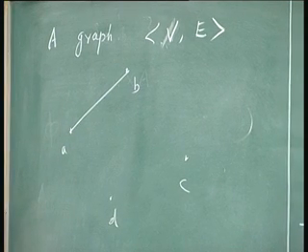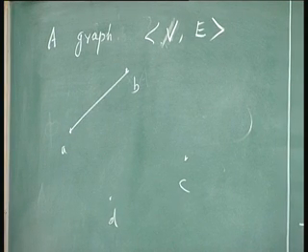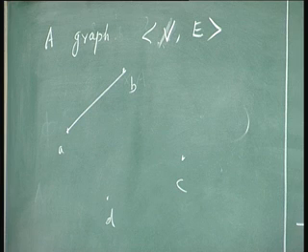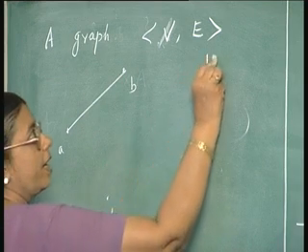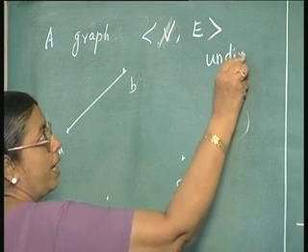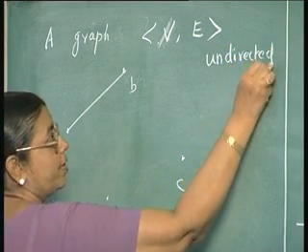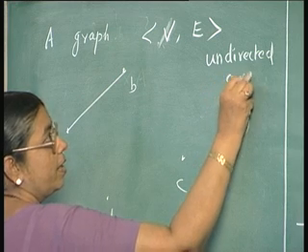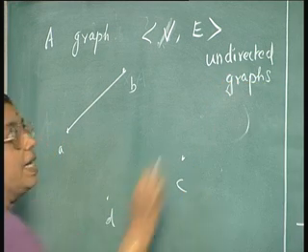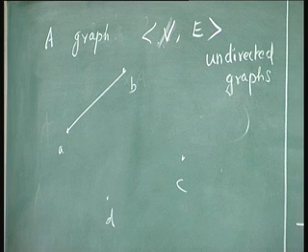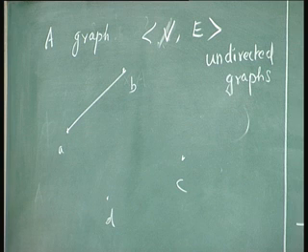A, B is an edge, but it is not directed. It is between A and B. So, that order is not important when you consider an undirected graph. They are not directed graphs, they are undirected graphs. Generally when you say graphs, you mean undirected graphs. If it is directed, you have to specifically say directed graphs.